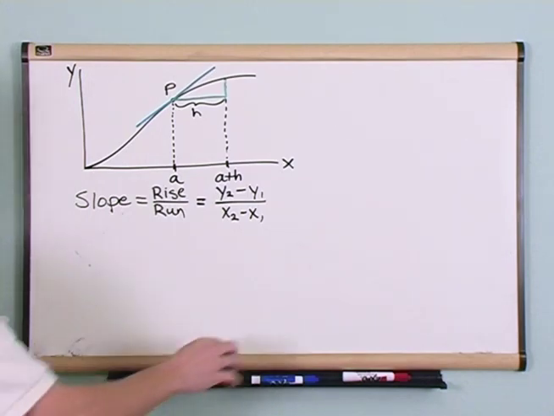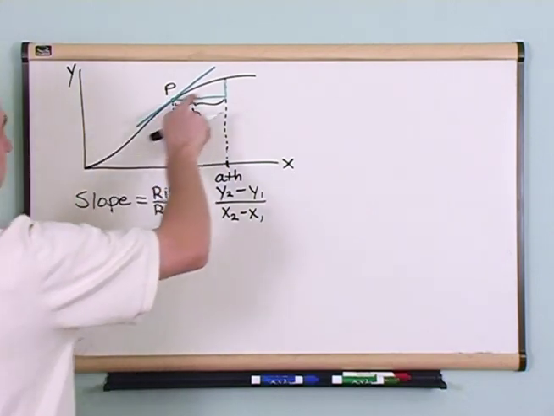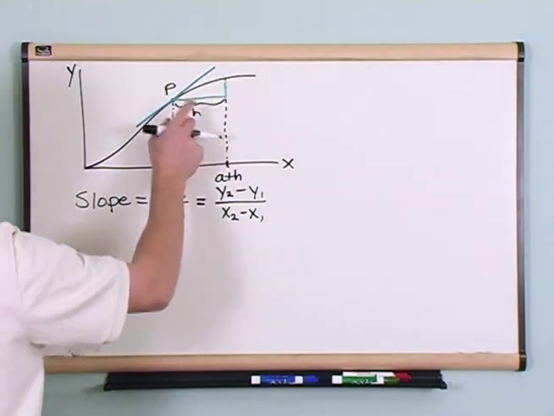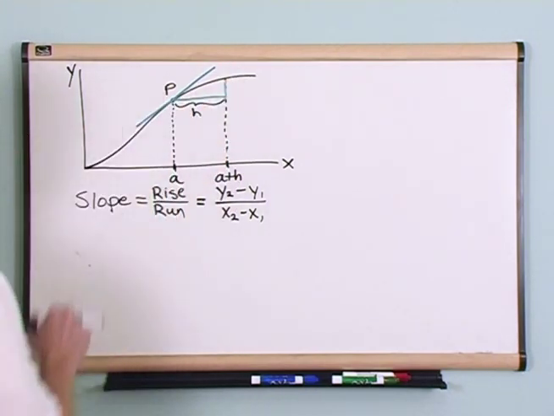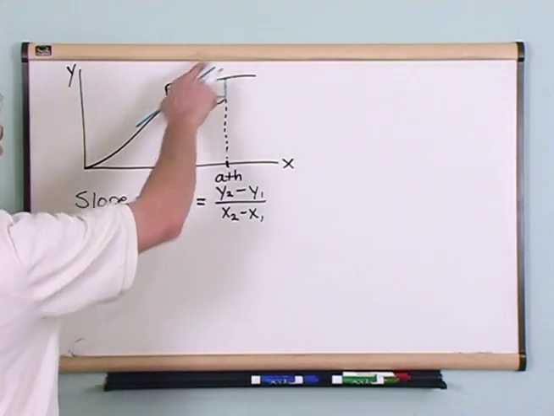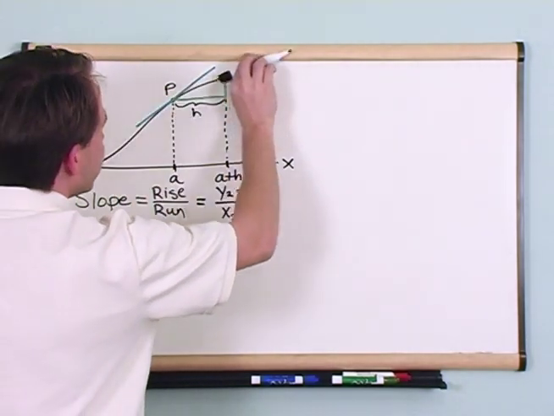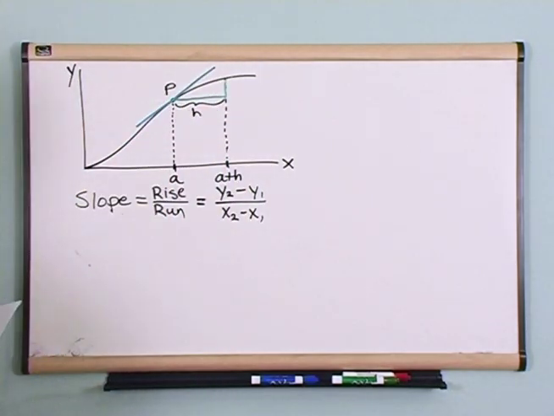Now, if you were to calculate the slope of a line going through these 2 points here, you could do it by looking at the rise here and the run here. That wouldn't be exactly what we're trying to find with this line, but if the line were going through these 2 points, we would look at this rise and this run. So let's look at what those rise and runs are.